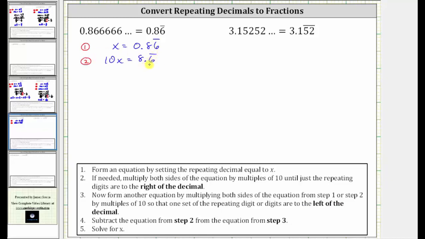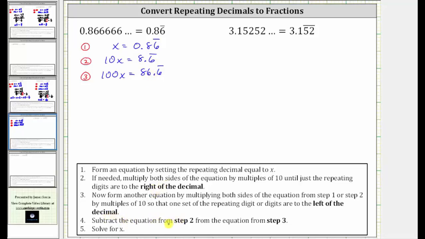Looking at equation 2, for this to happen, we have to move the decimal one place to the right, which again is equivalent to multiplying by 10. So for step 3 or equation 3, we multiply both sides of equation 2 by 10. 10 times 10x is 100x, and 10 times 8.6 repeating is equal to 86.6 repeating. Again, now notice how we have 1 6 to the left of the decimal, which is required for step 3.